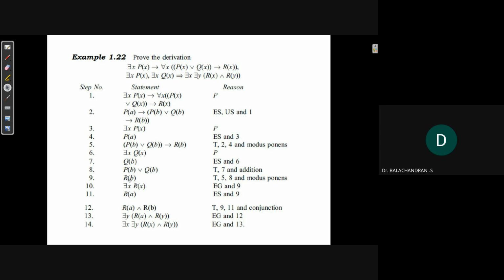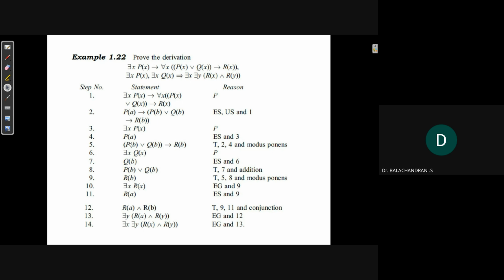Now I got the ninth step from the combination of what? From the combination of there exists X, because the ninth step involves 8 and what? 8 and 5.